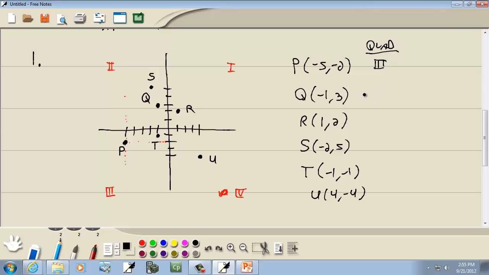Q is -1, 3. That's going to fall in quadrant 2. R is 1, 2, which is quadrant 1. S is -2, 5, which is quadrant 2. T is -1, -1, which is quadrant 3. And U is 4, -4, which is quadrant 4. And those would be your answers to that problem.